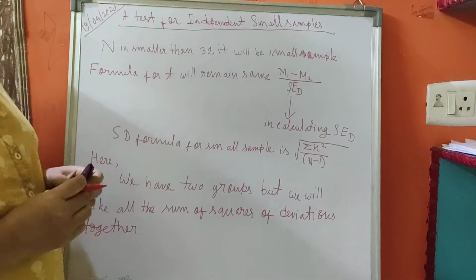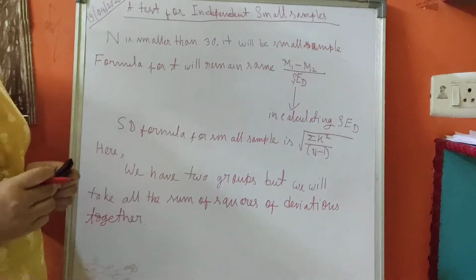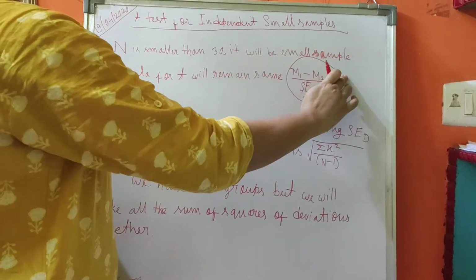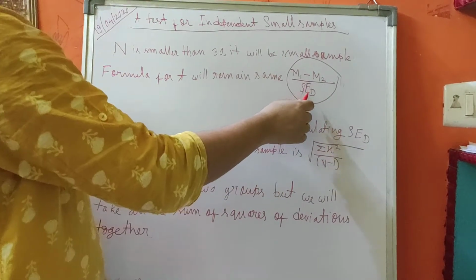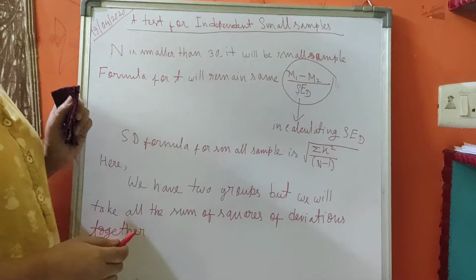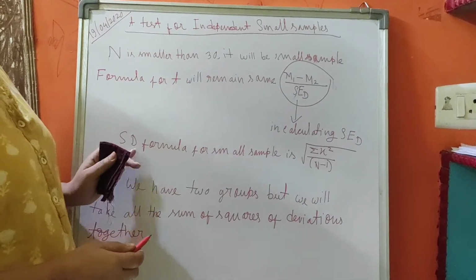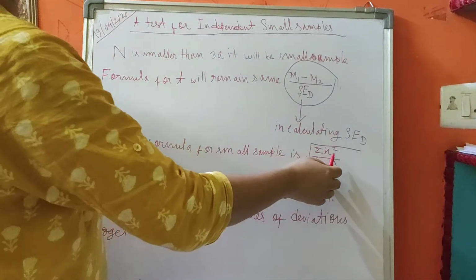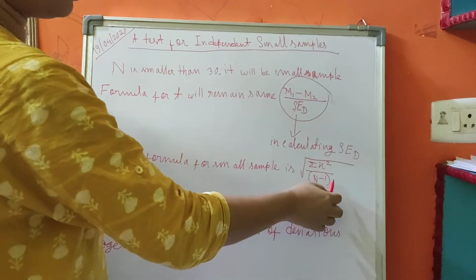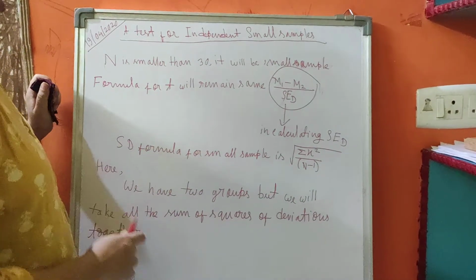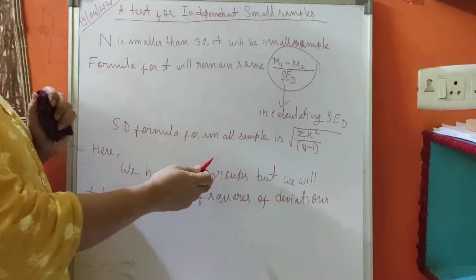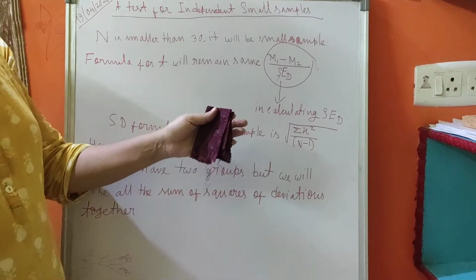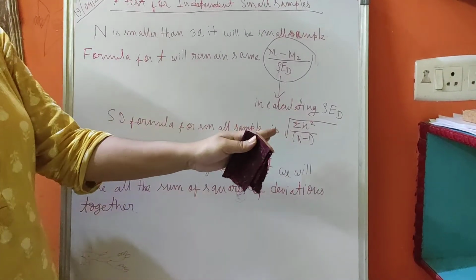Now the formula for t will remain the same, that is mean 1 minus mean 2 divided by the standard error of difference. To calculate this standard error of difference, the SD formula for a small sample is the square root of summation of x squared by n minus 1. Here we have two groups, so we could have two SD values.